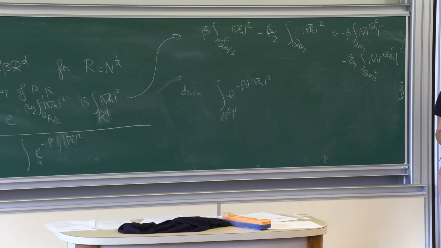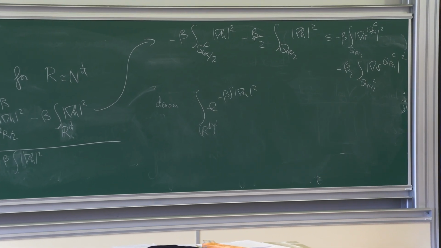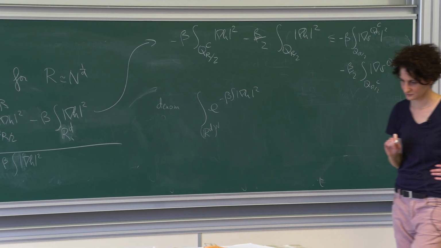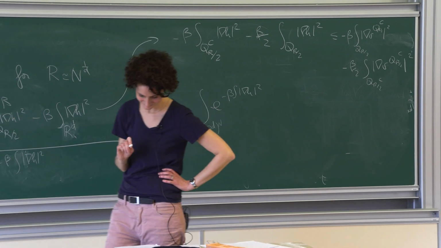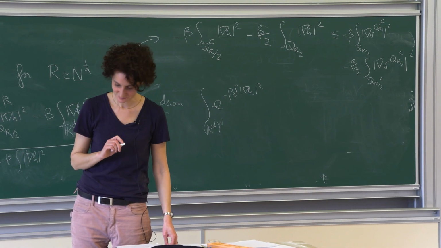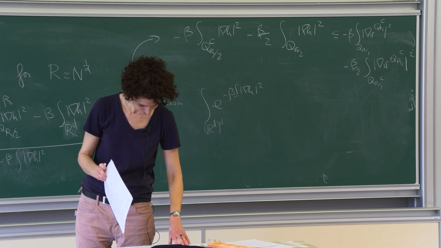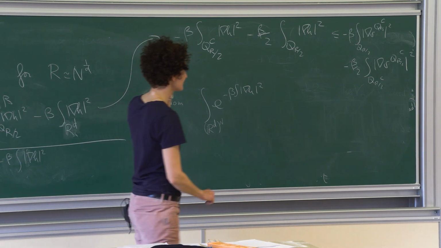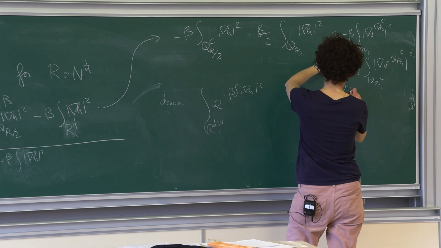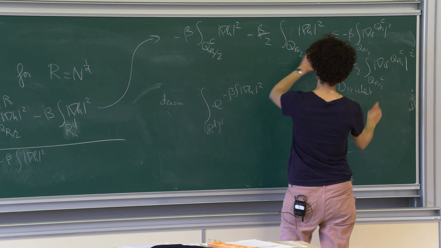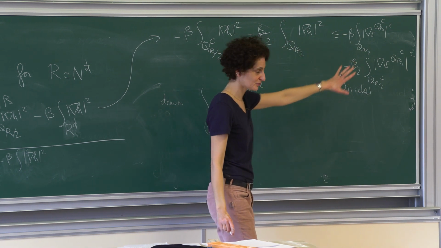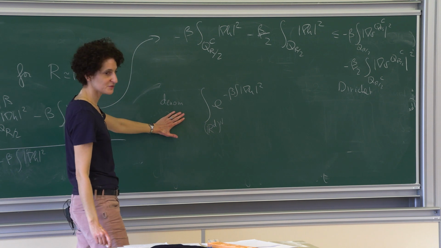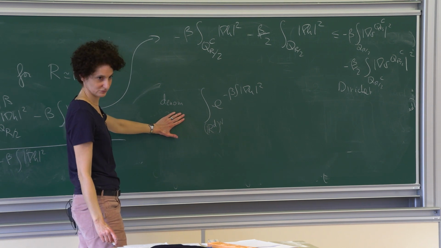No, V was for Dirichlet. Yes, so this is Dirichlet. So Dirichlet has less energy because I have negative signs. I bound from above. Now the denominator, I want to bound it from below.